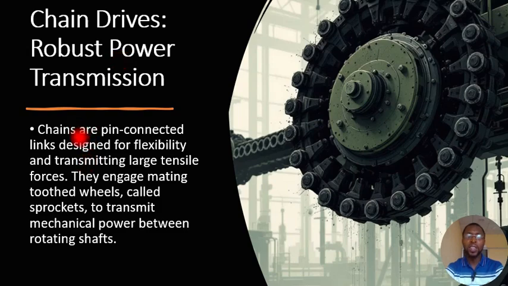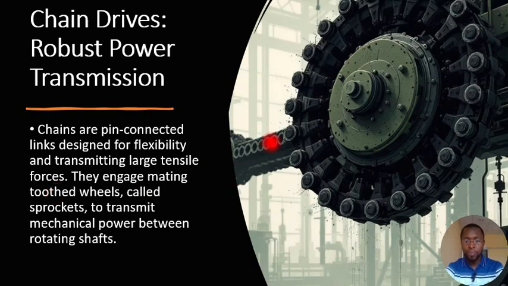The chains are pin connected links. As you could see here, these are the links. They are pin connected. This one pin, another pin, another pin. So they are pin connected links that are used for transmitting large tensile force, or for transmitting power generally.